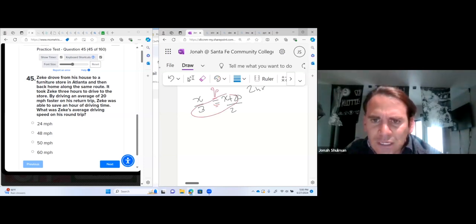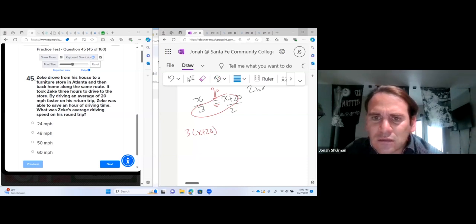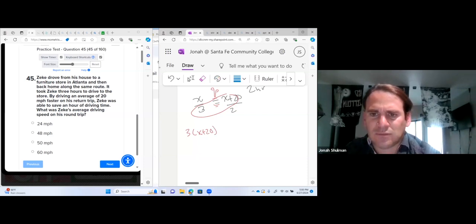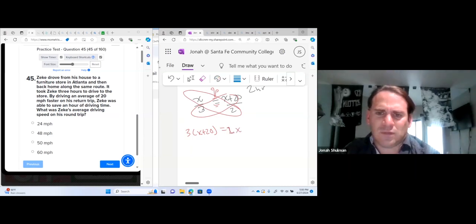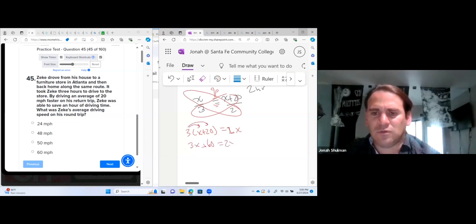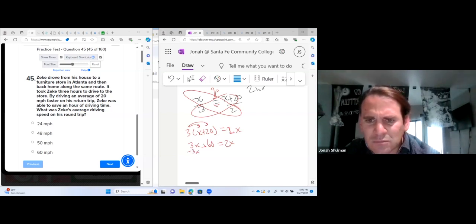So this is 3 times X plus 20. And this is 2 times X. All right, so we have 3X plus 60 equals 2X. All right, then I have to minus 3X to both sides.